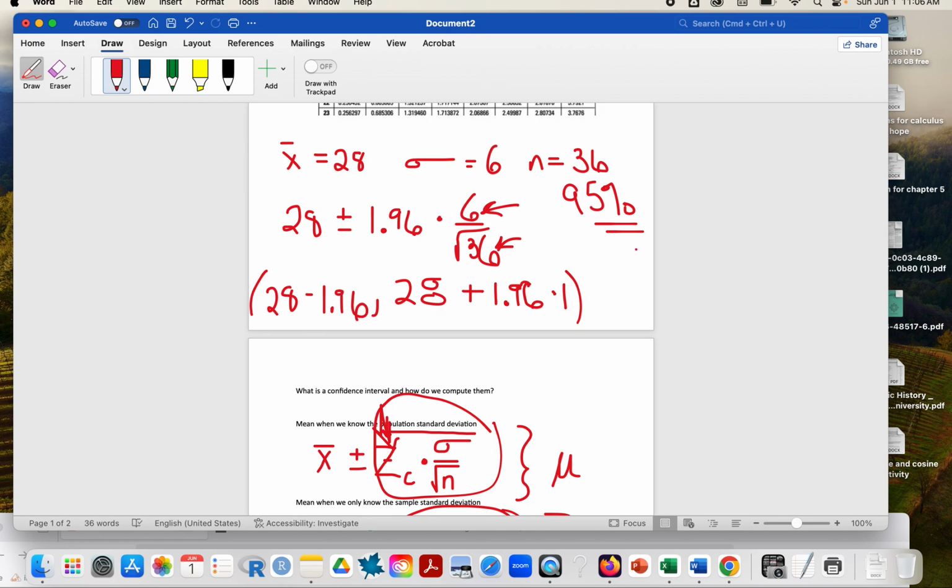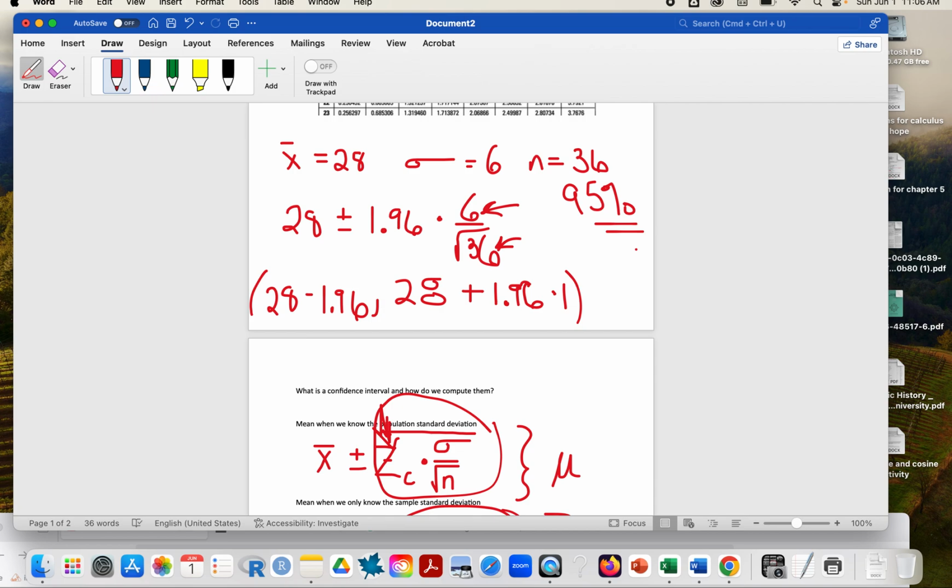Now, you can do this on your graphing calculator as well. If you hit the stat key and then arrow over to tests, you have to find Z interval. It's number 7. And it's going to say data or stats. You're going to hit stats because we're typing in the stats.